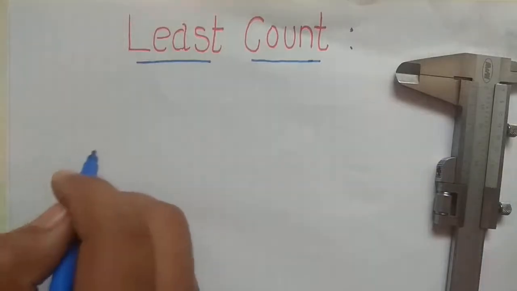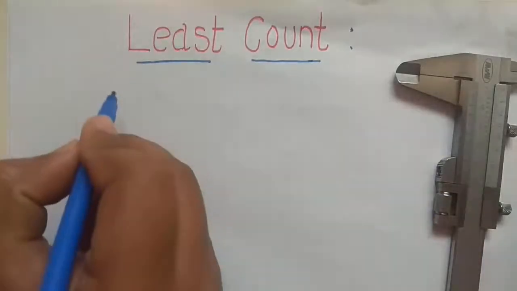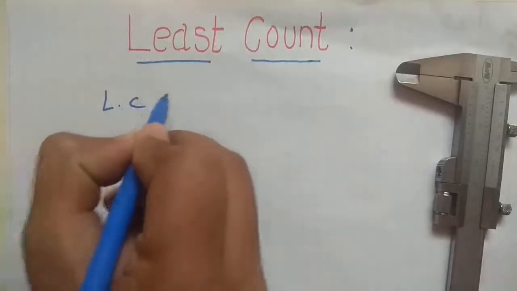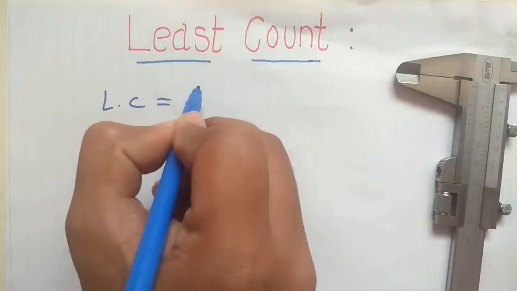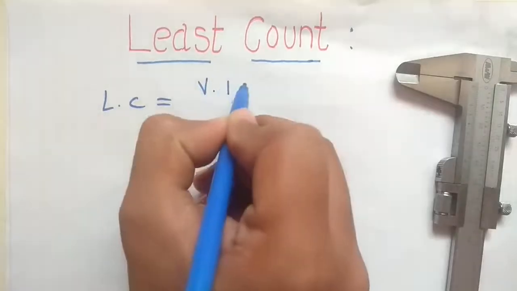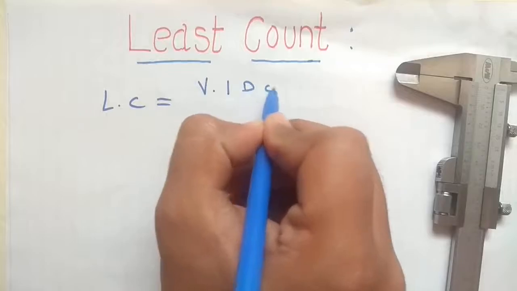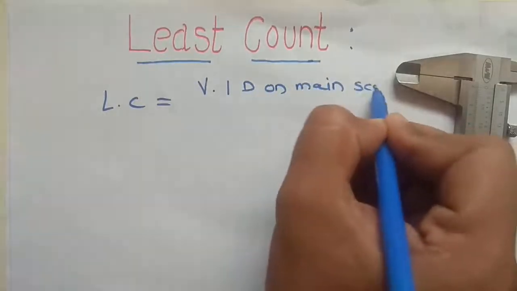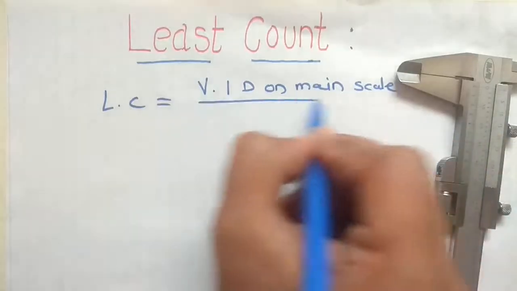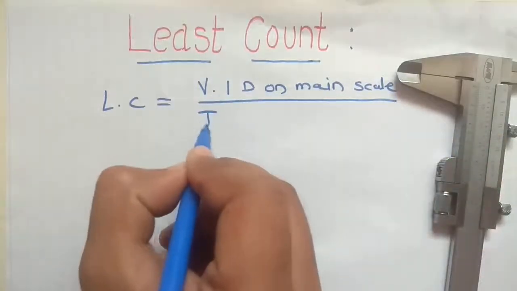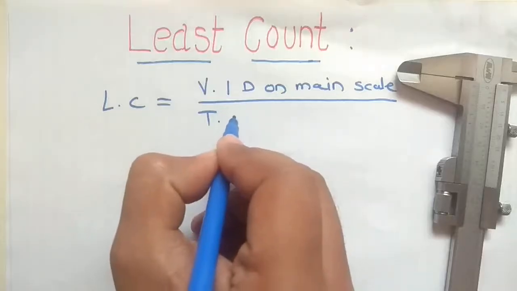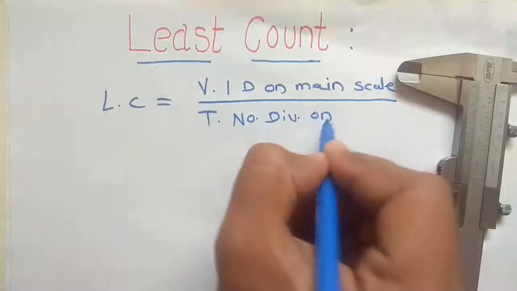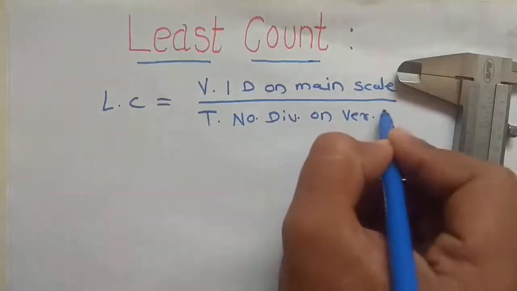In both cases we can find the least count by using a ratio formula: least count is equal to the value of one division on main scale divided by the total number of divisions on vernier scale.